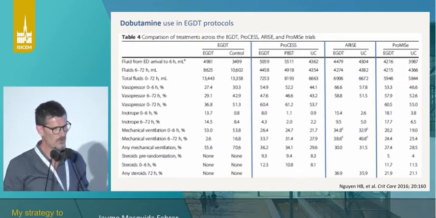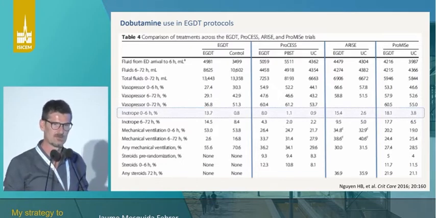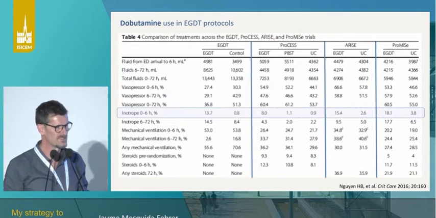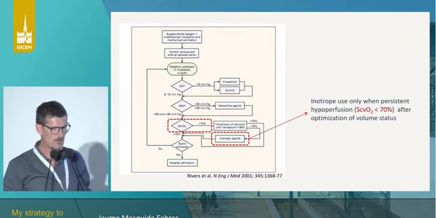If you go through the different early goal-directed therapies, the use of inotropes, mainly dobutamine, is around 10 to 14%, and that has not been associated with improvements in outcomes. If you take a closer look, that would be the ARISE protocol, and the other early goal-directed protocols are pretty similar to this one. So the recommendation is to use inotropes only when there is persistent tissue hypoperfusion after optimization of volume status.